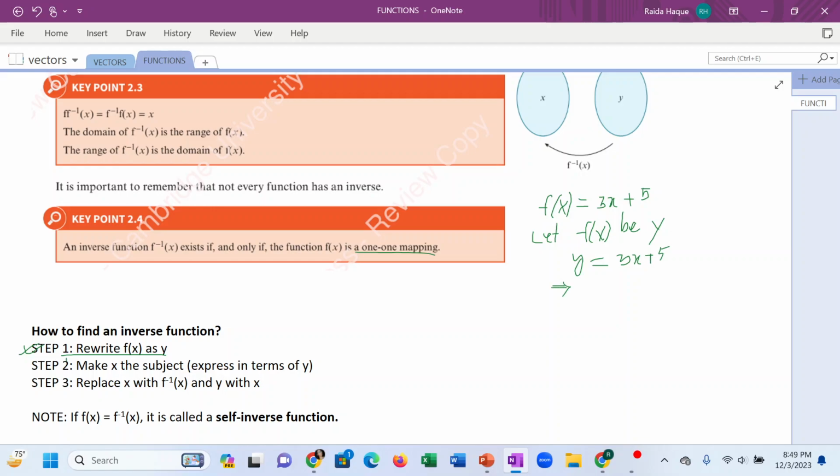Now we go to step 2. What does step 2 say? We make x the subject and express it in terms of y. Right now y is the subject. So how can we make x the subject? We do some simple algebraic manipulation.